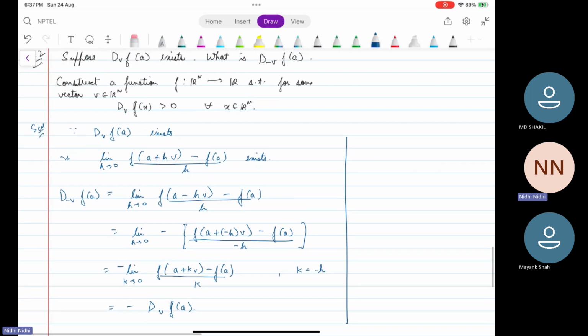Now we need to construct a function such that D_v f(x) is positive for every x. So can you give me some example? We need to find f from Rn into R such that for some v, D_v f(x) is strictly positive for every x.